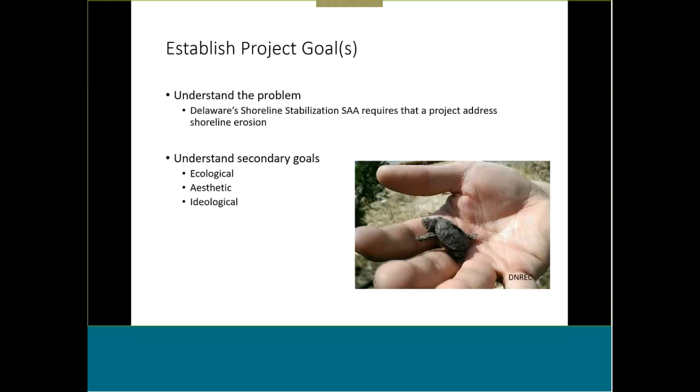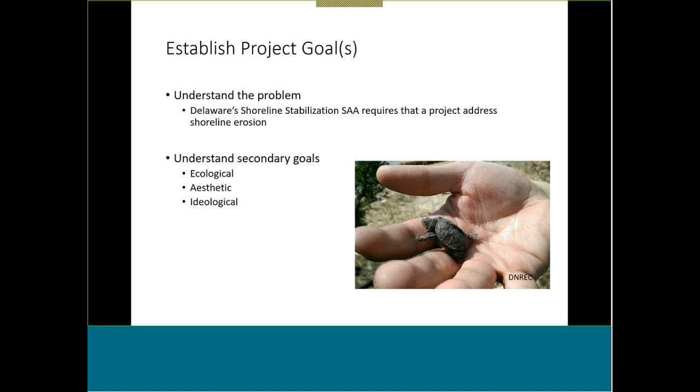So the very first, and I think the most important thing to do when you take on a new client for a living shoreline project is to understand what the problem is and what the property owner's goals are. Now, I mentioned before the Delaware SAA, and in order to fit under the umbrella of the SAA and use that streamlined permitting avenue, the project needs to be addressing an erosion problem.